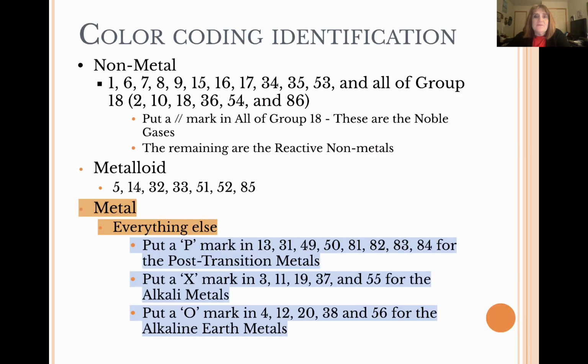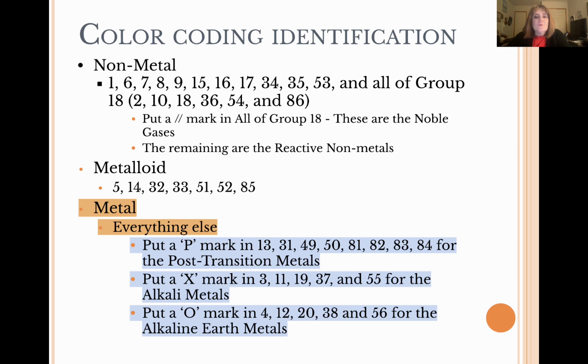And with a pen, you want to label a P for your post-transition metals in elements 13, 31, 49, 50, 81, 82, 83, and 84. You want to put an X in your alkali metals. Those are elements 3, 11, 19, 37, and 55. And you want to put an O in your alkaline earth metals.